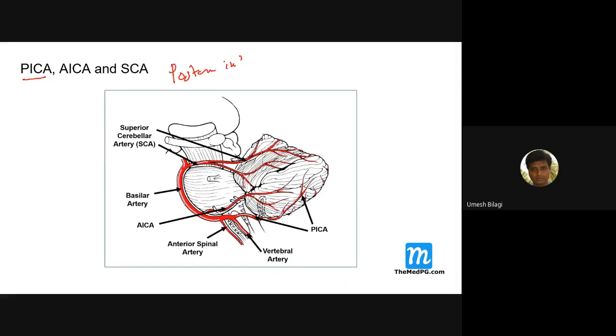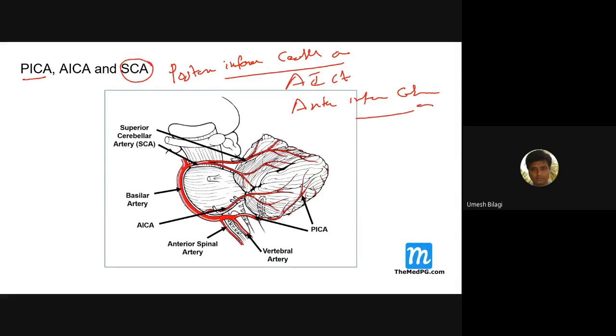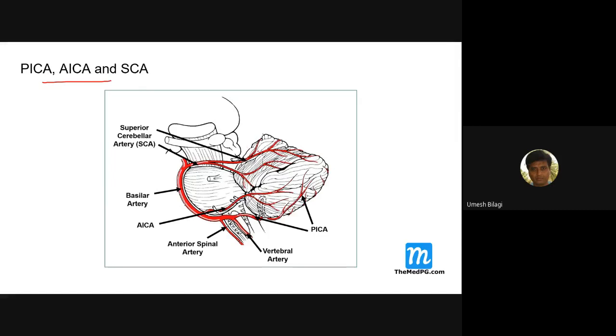Posterior inferior cerebellar artery. AICA means anterior inferior cerebellar artery. SCA means superior cerebellar artery. There are three arteries that supply here.